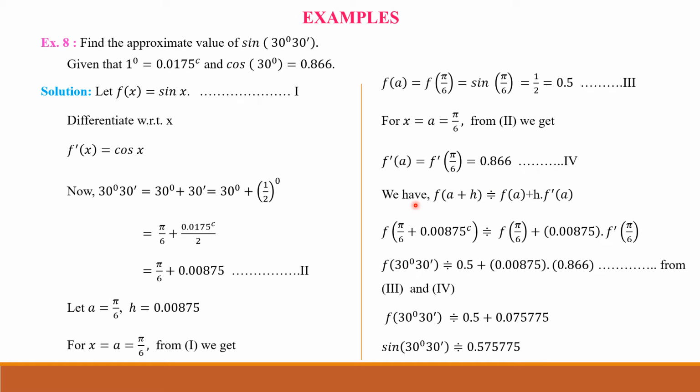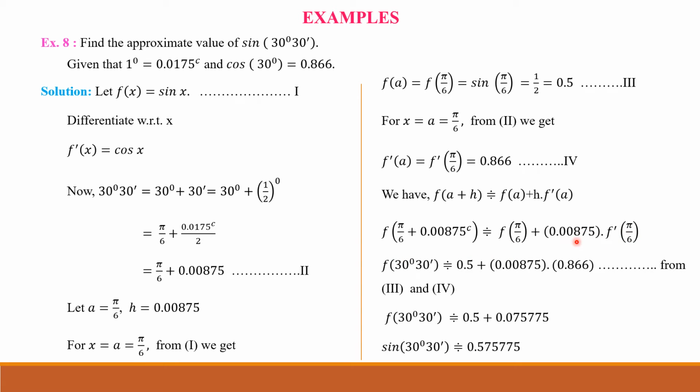Then by approximation formula, we have f of A plus h is equal to f of A plus h into f dash of A. Therefore, put the value of A and h. f of pi by 6 plus 0.00875 radian is equal to f of pi by 6 plus 0.00875 into f dash of pi by 6.